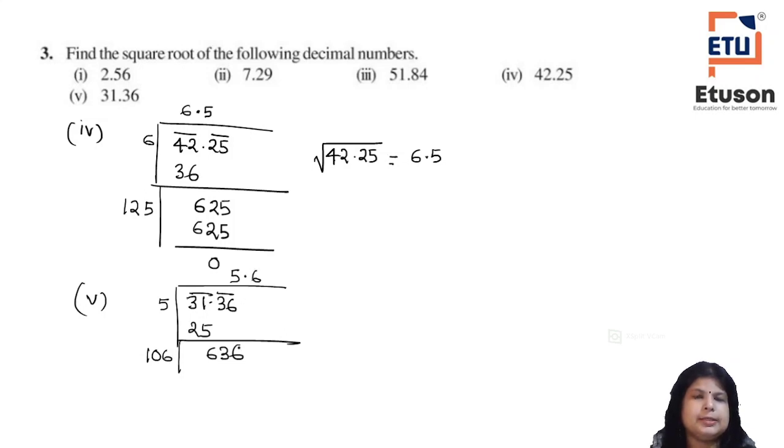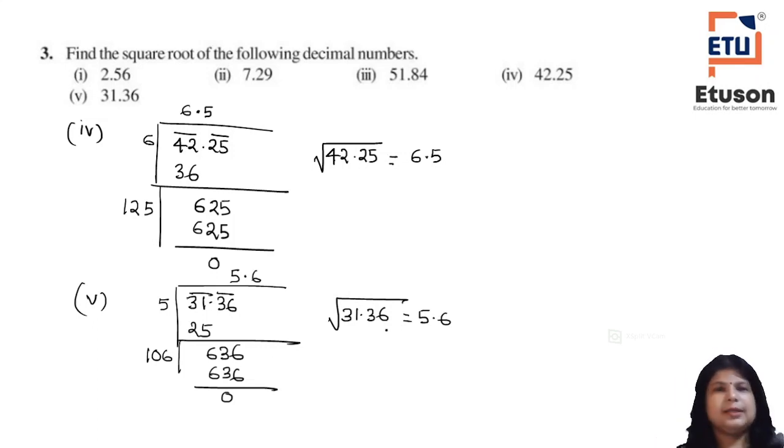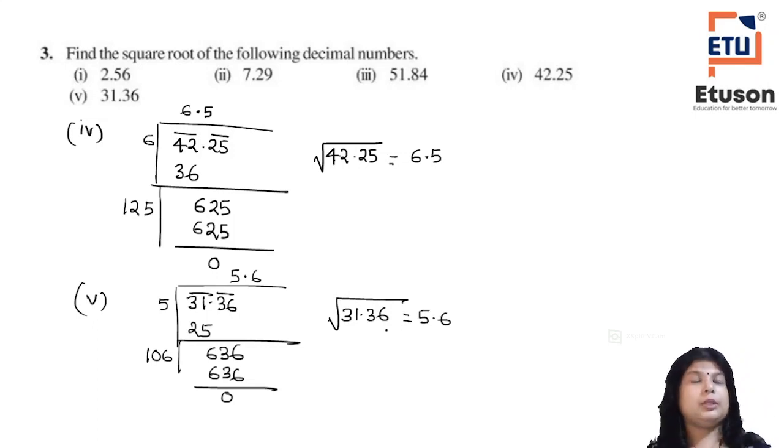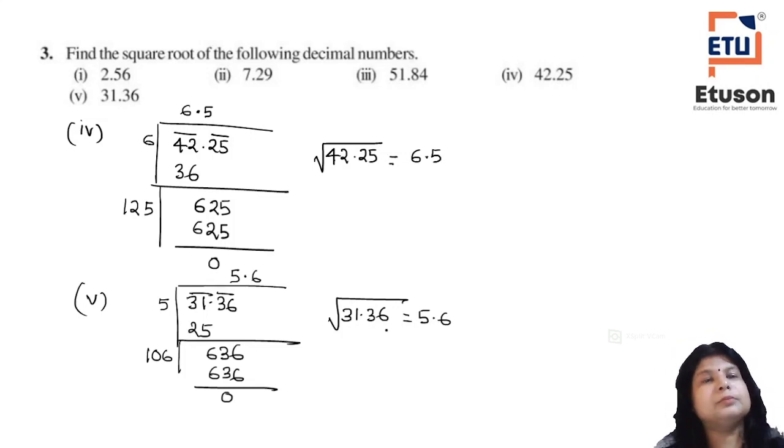Here 106 into 6 is nothing but equal to 636, and your remainder will be equal to 0. So square root of 31.36 is nothing but equal to 5.6. Correct, children? So with this we have completed all the bits of question number 3.